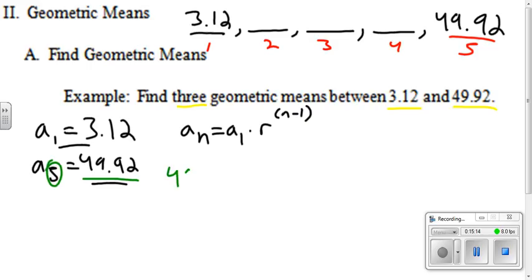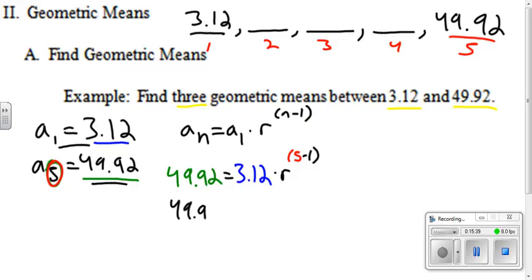So 49.92 equals our a sub 1, 3.12, times r, which we don't know yet, to the power of n minus 1. We can do 49.92 equals 3.12 times r to the 4, because 5 minus 1 is 4.